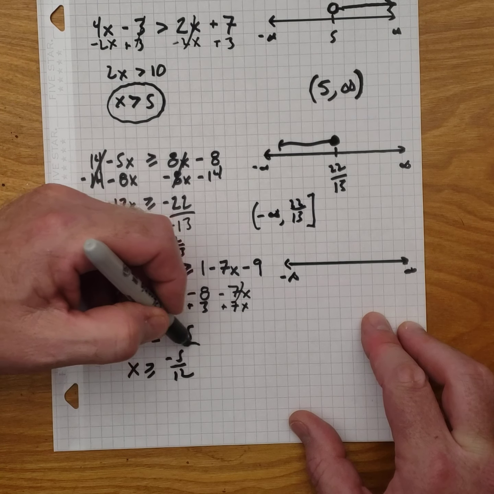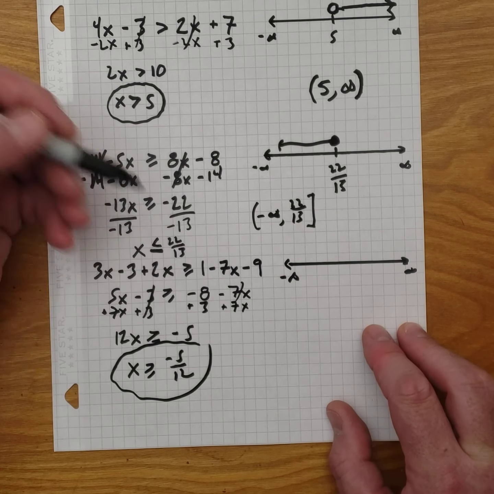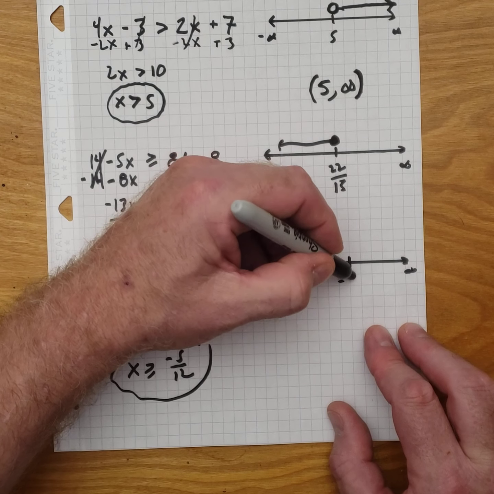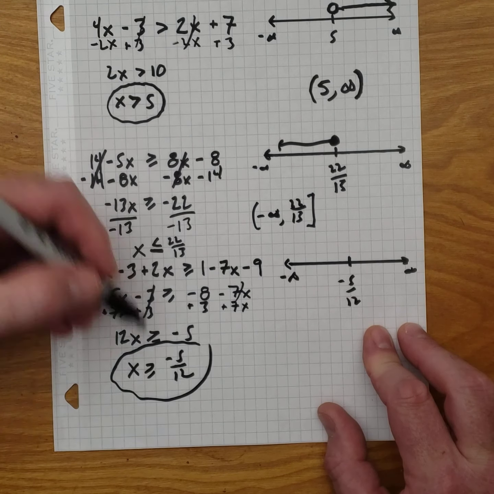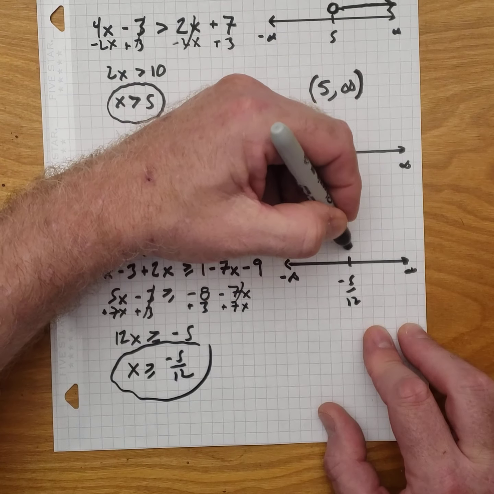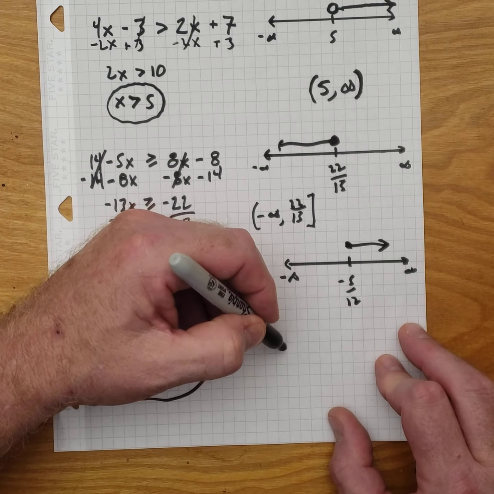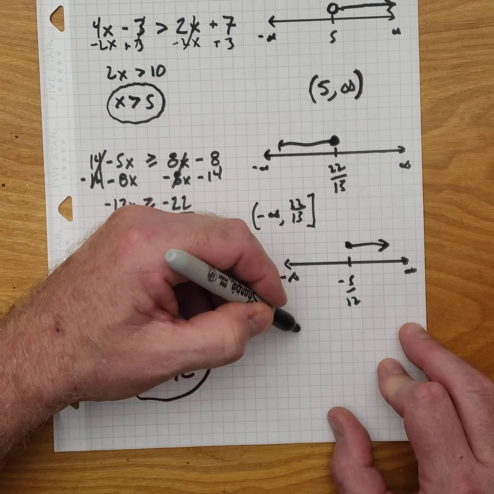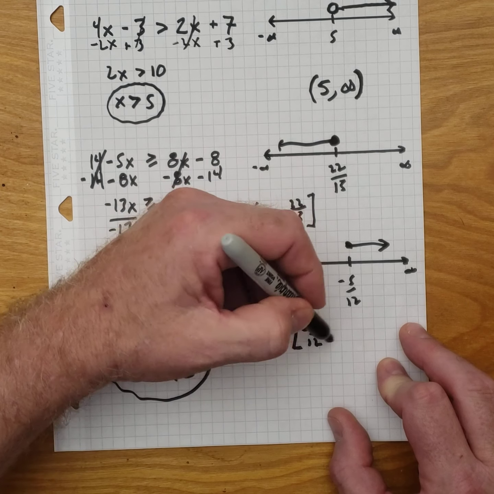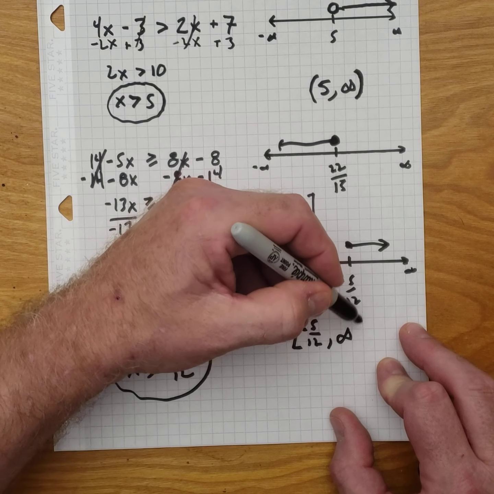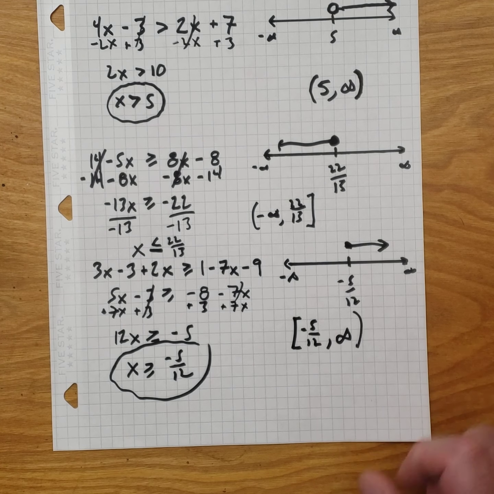Okay, so there's our inequality. That's form 1 of our answer. Negative 5/12. We get greater than or equal to, so solid dot to the right. And then we would have our interval notation, negative 5/12 with a bracket to show that that is a solution, to infinity. Okay, that's solving inequalities.